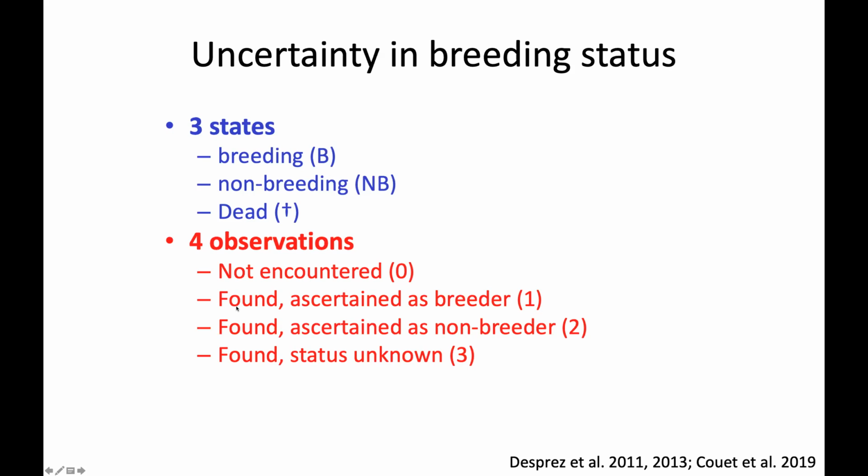And then 3 other detections or observations, sorry. You're detected and you're classified as a breeder, okay? You're detected and you're classified as a non-breeder individual, or you are found, but we don't really know how to assign you a status. Your status is unknown.